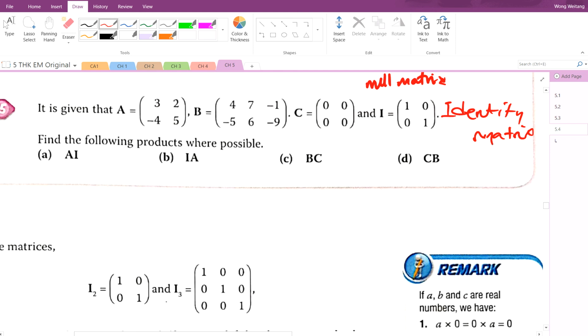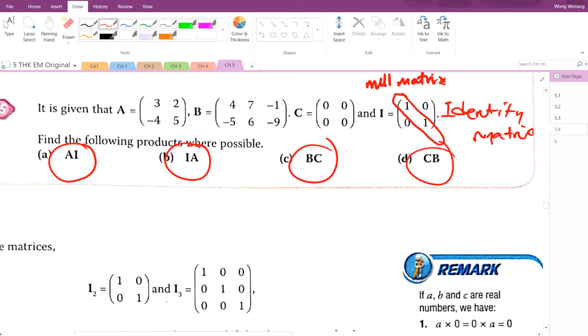Do we need to know the name? No, you don't have to know the name. Just know that this identity matrix has a lot of zeros, and there will be a diagonal over here that has ones in them. You don't need to know the definition, but I'm just telling you some extra stuff. Okay? So now your job is to do A, B, C, and D.